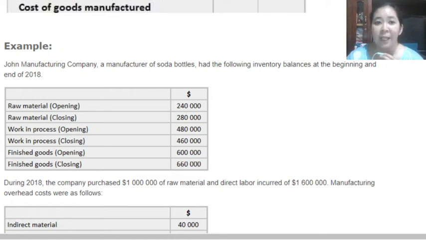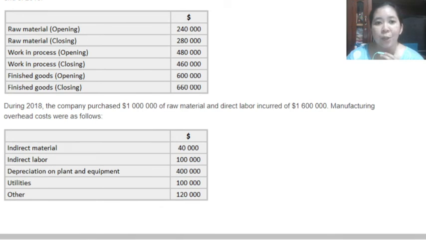They also have the work in process, beginning and ending, as well as finished goods beginning and ending balances respectively. During 2018, the company purchased 1 million of raw materials and incurred direct labor amounting to 1.6 million. The manufacturing overhead costs are the following: indirect materials, indirect labor, depreciation, utilities, and other expenses.